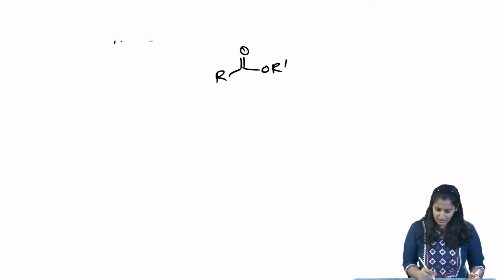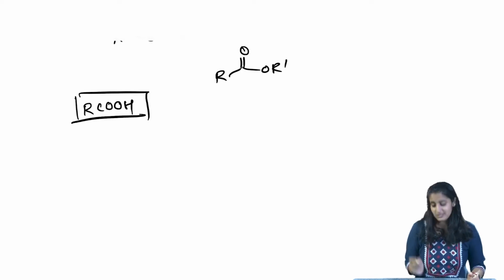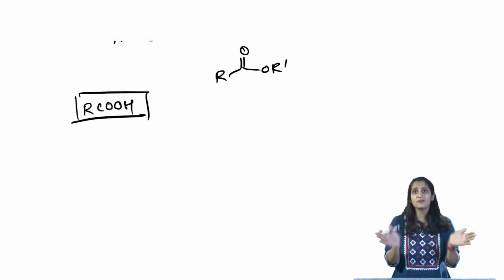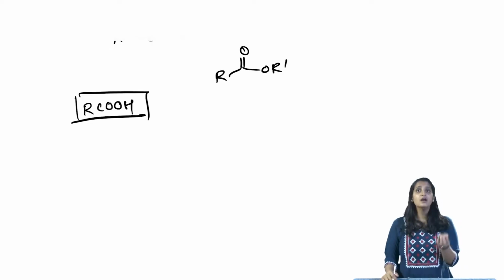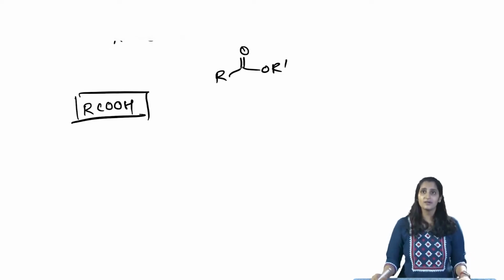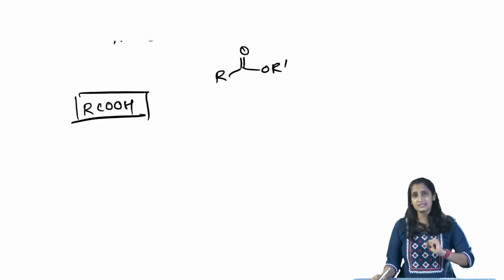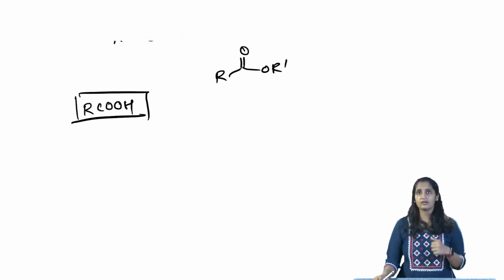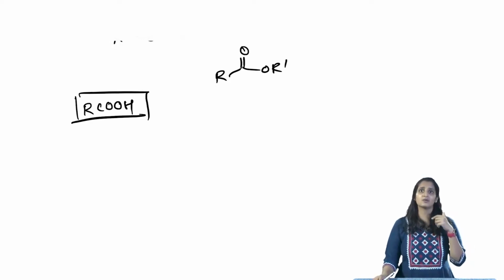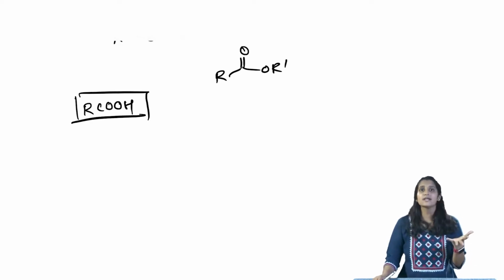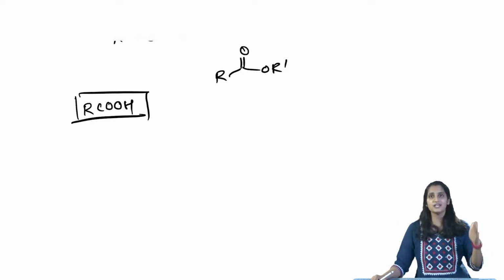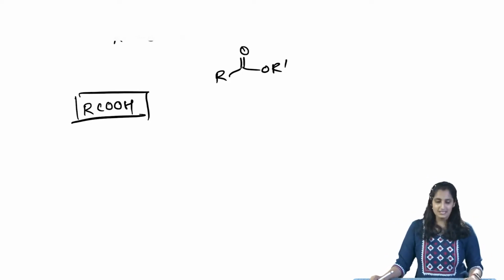Now, regarding carboxylic acids, remember these are the molecules that were responsible for the differentiation of acids and bases, because most acidic molecules that are found in nature are carboxylic acid molecules. So, molecules like citric acid, tartaric acid, acetic acid, all of these are very sour to taste, and that is how we started differentiating acids from bases.